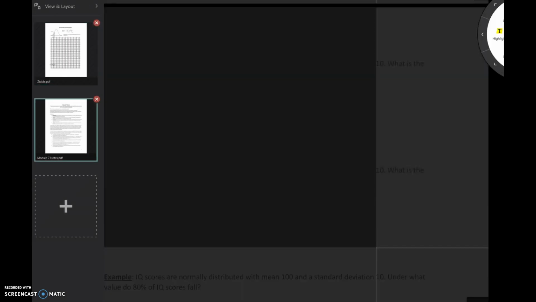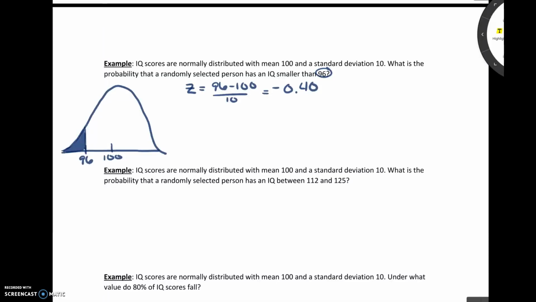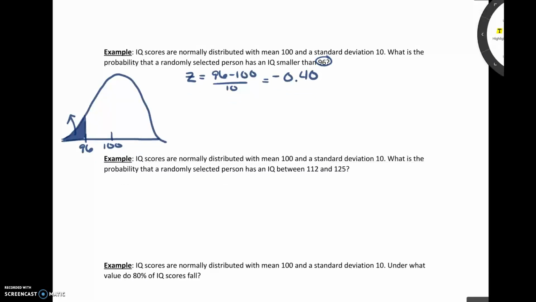So going back to the worksheet, what that tells me is this area right here is 0.3446. So the probability that an IQ is less than 96 is equal to 0.3446.